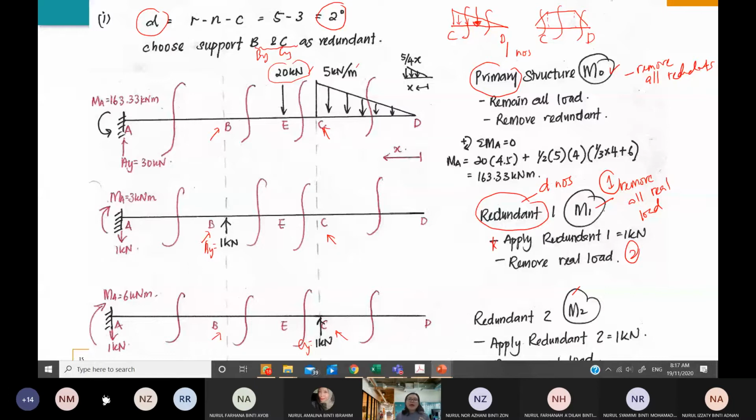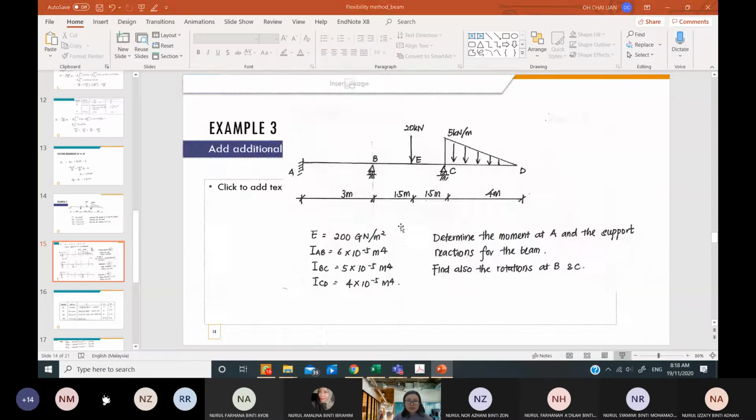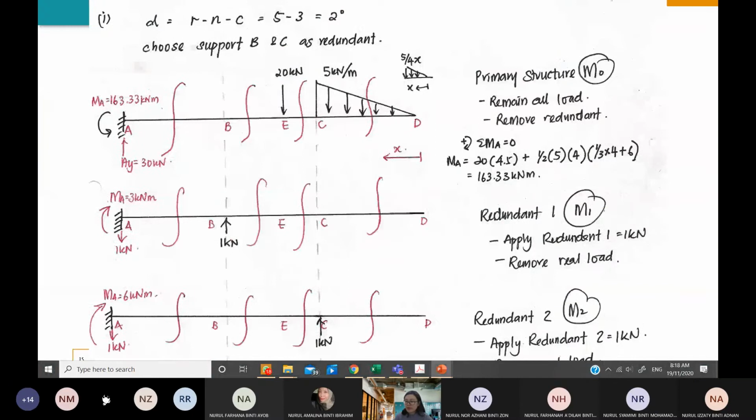So I have also set 3 rules for you to follow. I would like to remind all of you again on these 3 rules for this flexibility method. The first one, this is a bit messy now, let me erase my board. I will put it somewhere here.